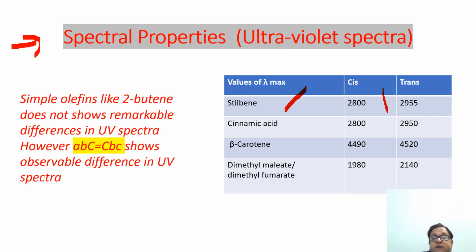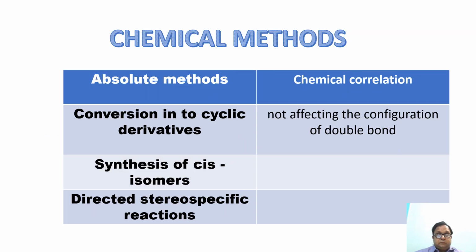Cinnamic acid has a lambda max of 2800, and its trans isomer has 2950. Beta carotene has 4490, and its trans isomer has 4520. Similarly, dimethyl maleate and dimethyl fumarate differ, with values 1980 and 2140.